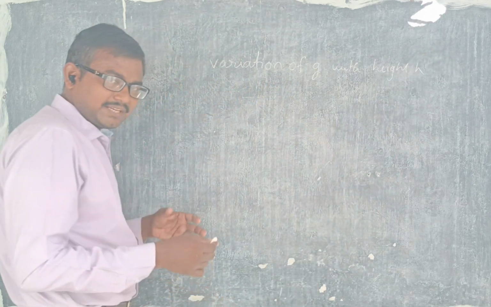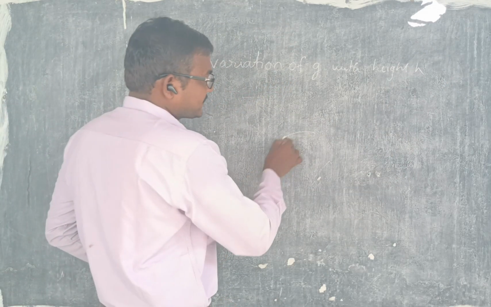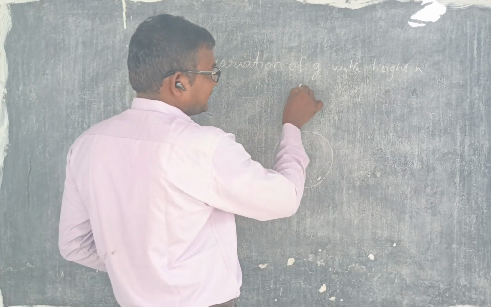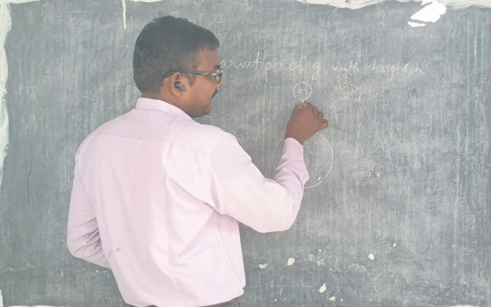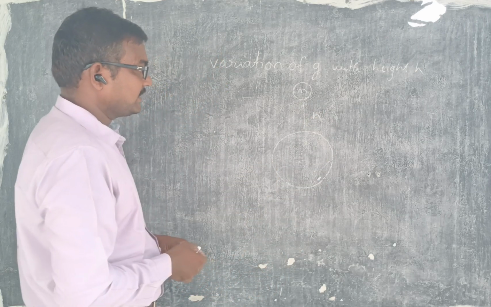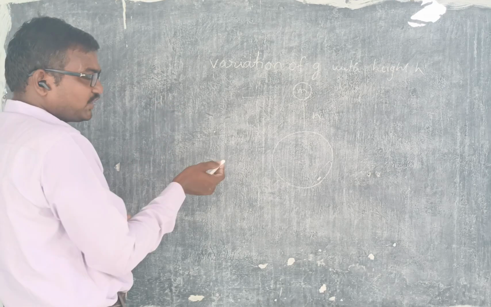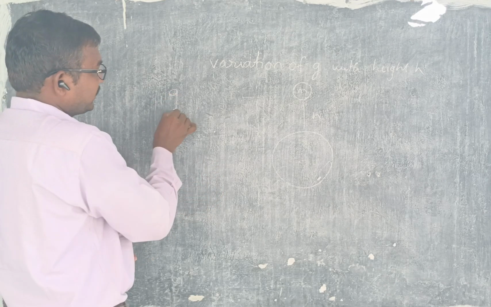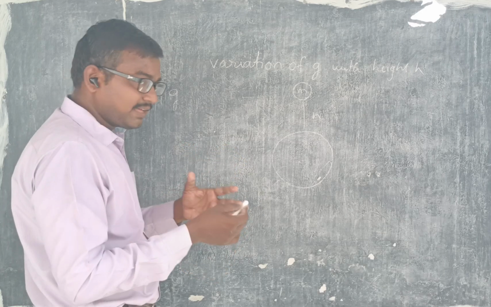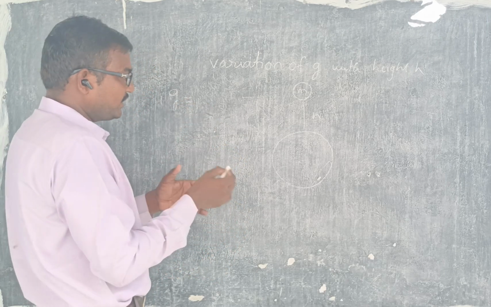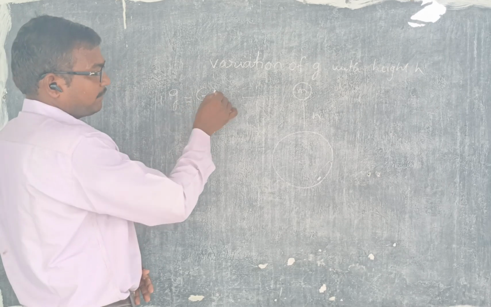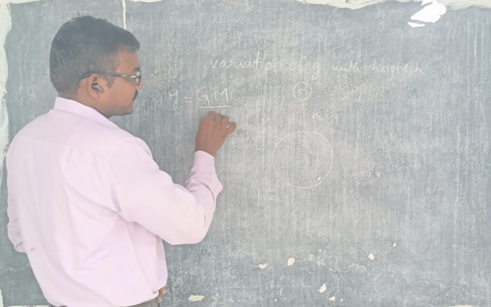See, we consider a body of mass m at a height h above the ground. Generally, for a body on the ground, the relation between small g and capital G is small g equal to capital G, capital M by r square.